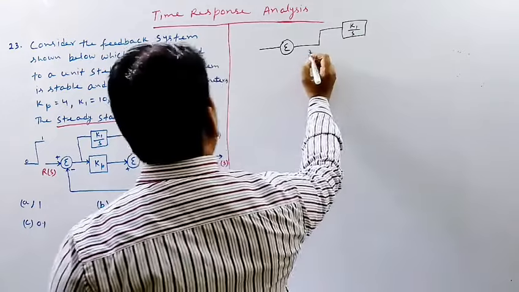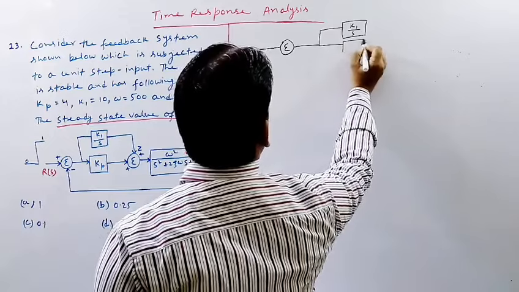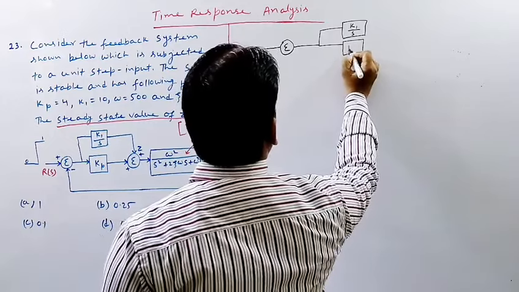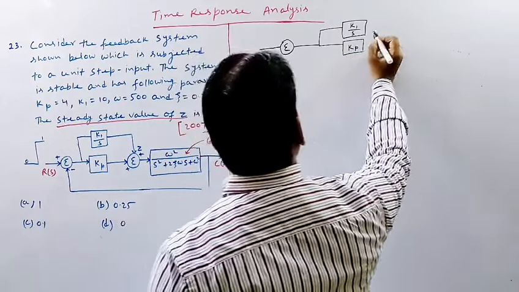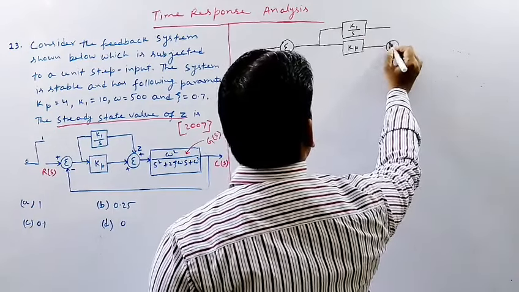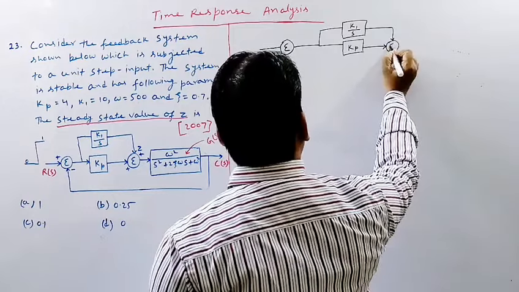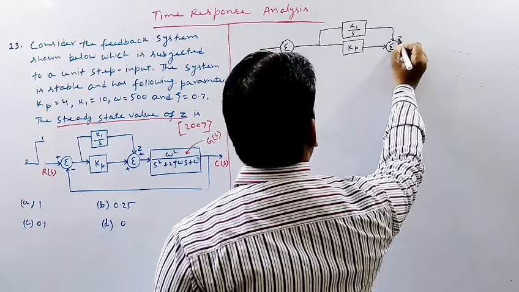Again here it is Kp. Now these two get added over here, and this point is Z.